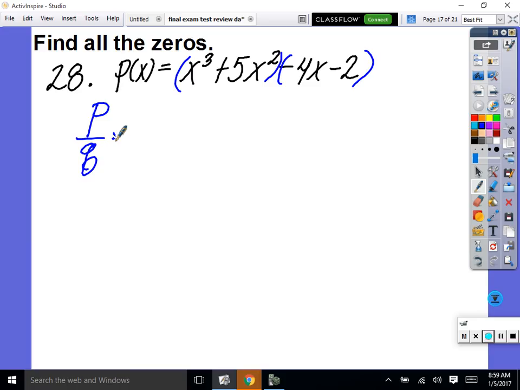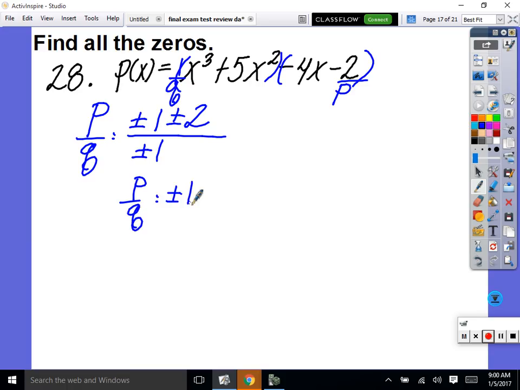Do you want me to keep going on 28? Okay, so we list out possible P over Q. So this is Q, the 1, correct? This is P, everybody? So plus or minus 1, plus or minus 2 are factors of P, and factors of Q are plus or minus 1. So all possible P over Q's are 1 or 2, correct?